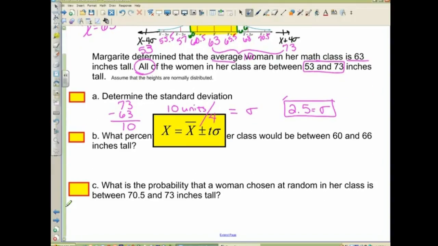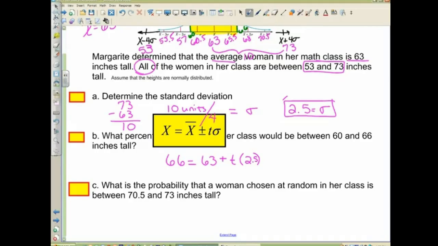So I'm going to put in, I want to know, 66 is my high point. The mean was 63. I'm going to add to 63 a t-value that gets me to 66.